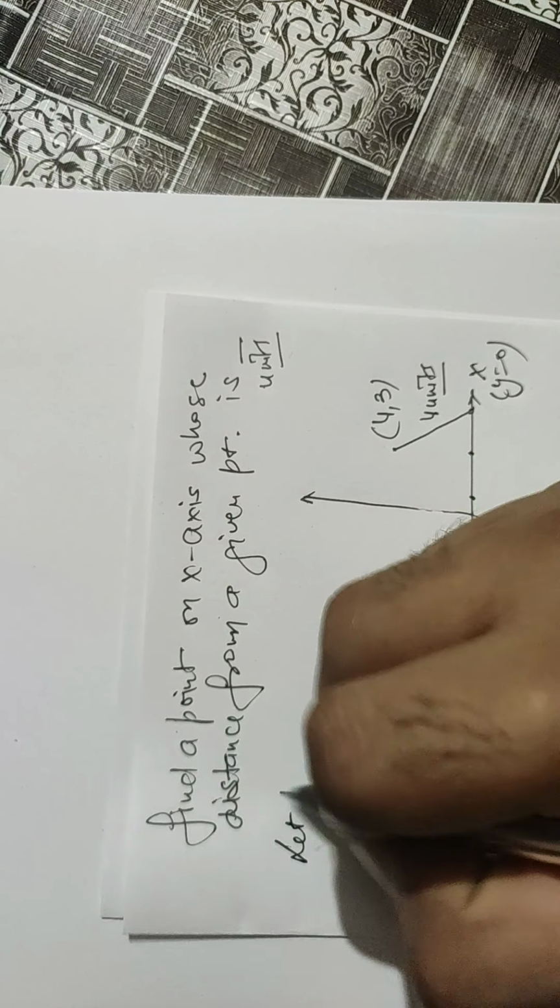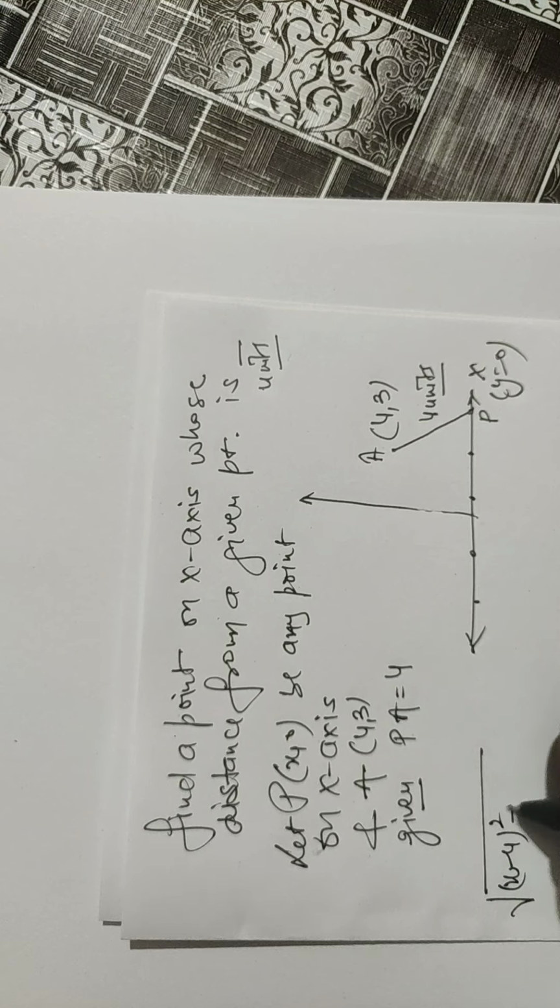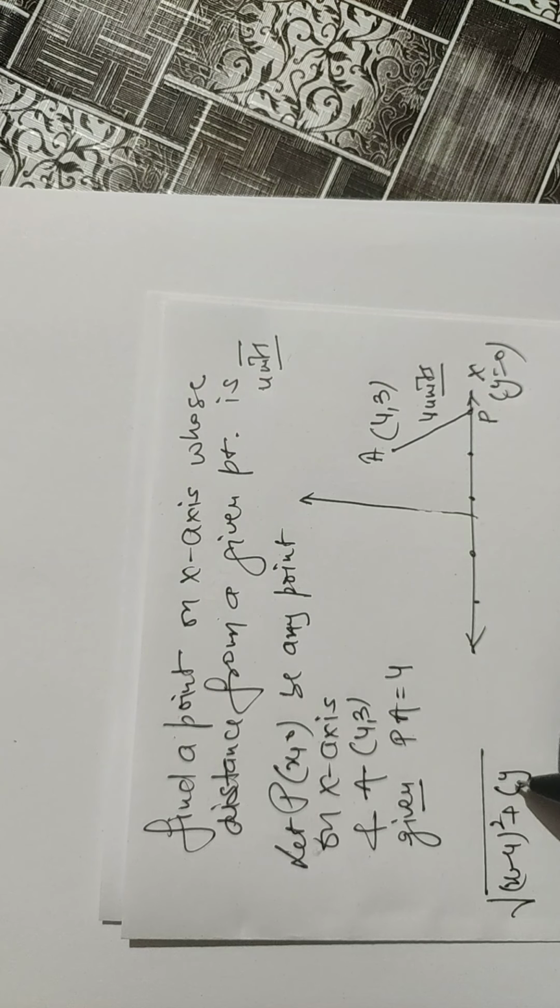So let P(x, 0) be any point on the x-axis, and the given point is (4, 3). We are given that length PA is equal to 4 units. By distance formula, PA becomes square root of (x minus 4) whole square plus (y minus 3) whole square, with y equal to 0, is equal to 4.